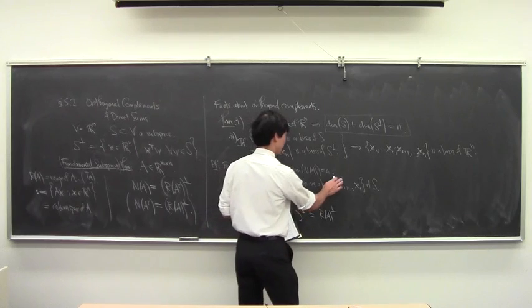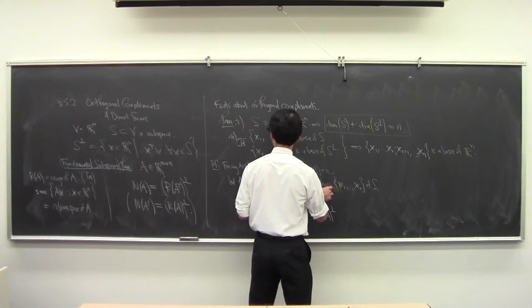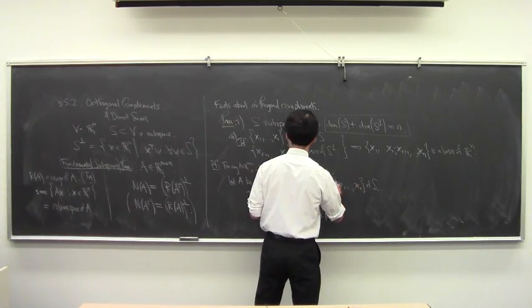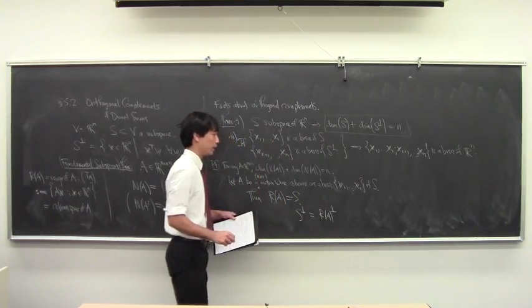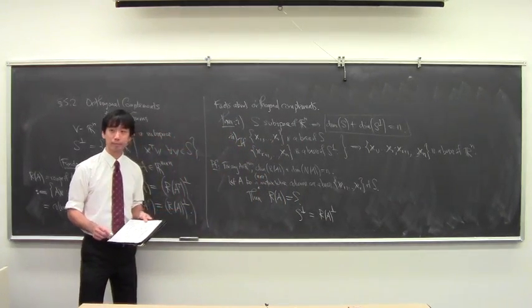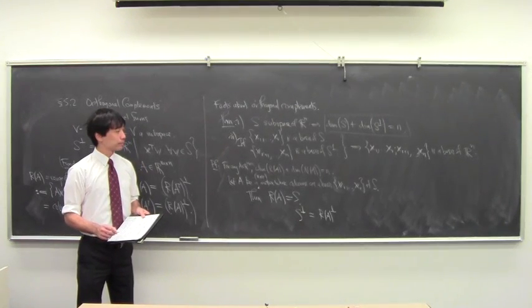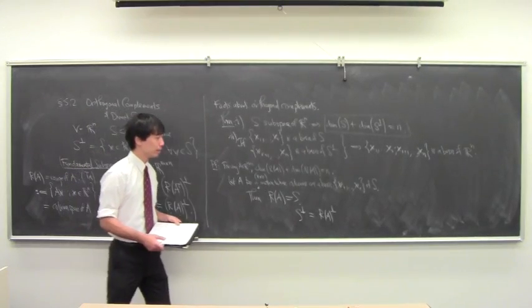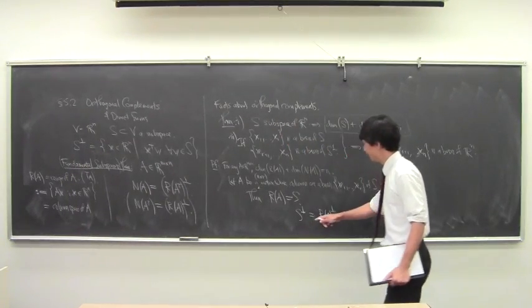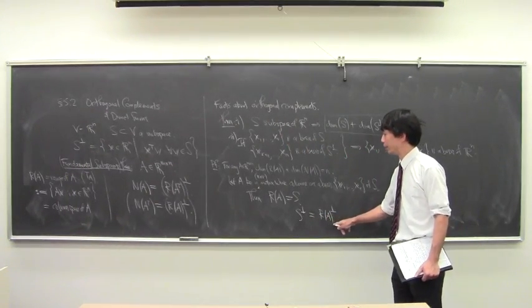This is going to be an n by r matrix. S perp is the range of A perp.